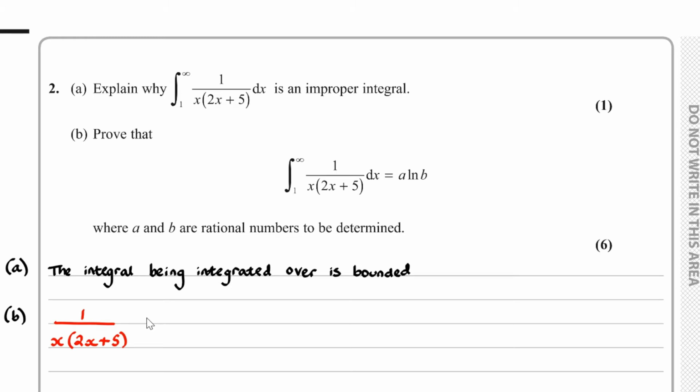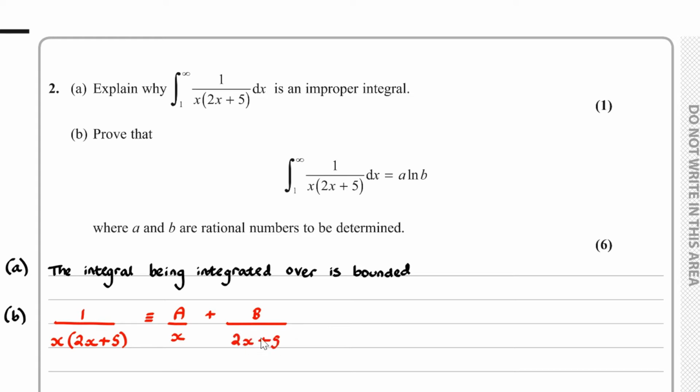And if we use partial fractions, this is going to be equivalent to a over x plus b over 2x plus 5.